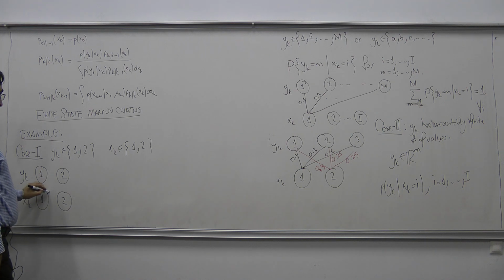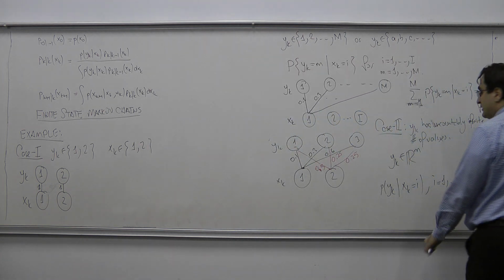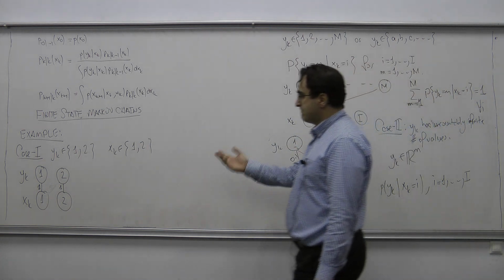So the output is equal to 2 with probability 0. Okay? And we really do not show the probability 0 case. And if, when the state is equal to 2, the output is equal to 2 with probability 1, this is the perfect information case. This is the case when yk is equal to xk, okay?